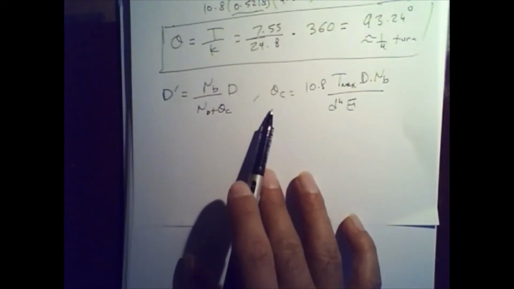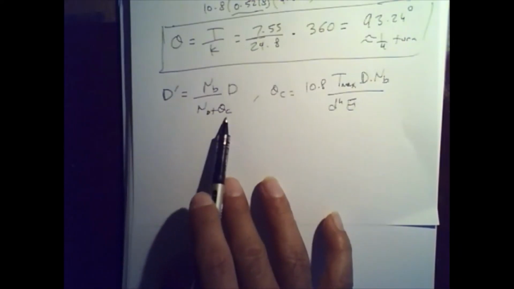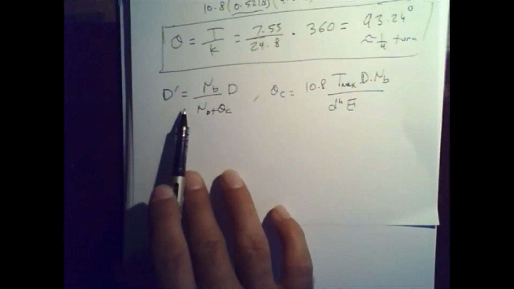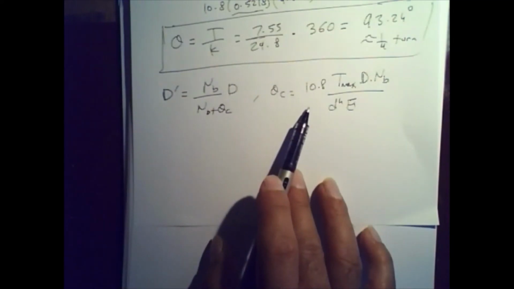So here we're trying to use theta C to plug it here and then find the new mean coil diameter and then see if there would be interference between the spring and the pin.